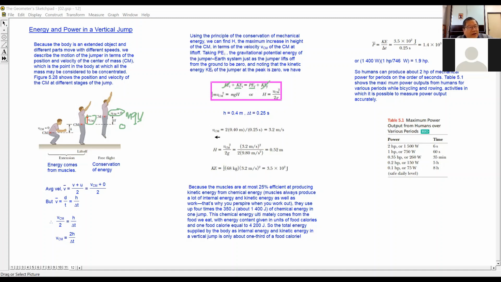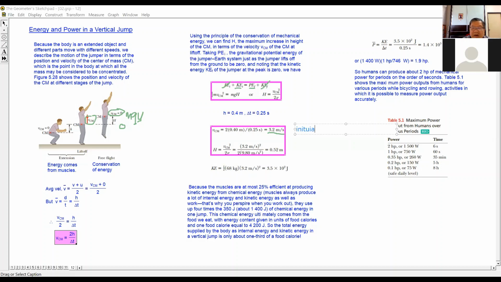So what is the average velocity then? The average velocity we found earlier, VCM, is 2h over delta t. 2h is 0.4, delta t is 0.25. So we know that the velocity before the lift off is 3.2 meters per second.